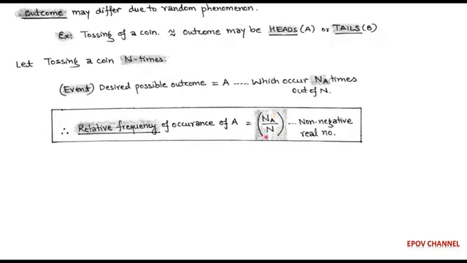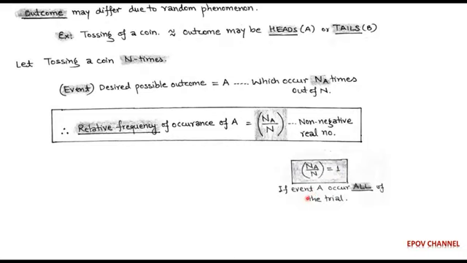This ratio, that is Na upon n, is called the relative frequency of occurrence of event A, and it is a non-negative real number. Now, if we assume that event A, that is head, occurs in all the n trials, then in this case Na equals n, and the relative frequency ratio for head A is equal to 1.